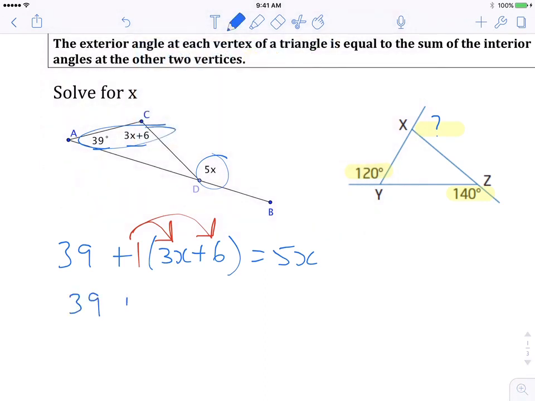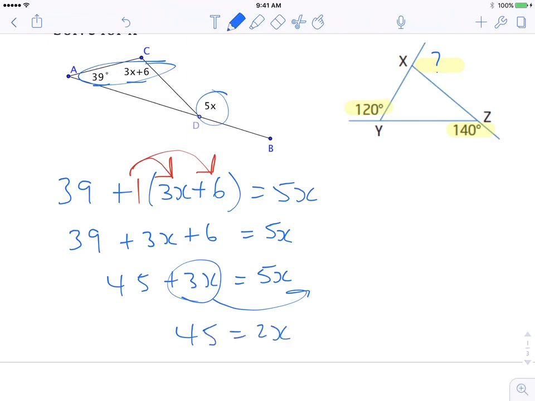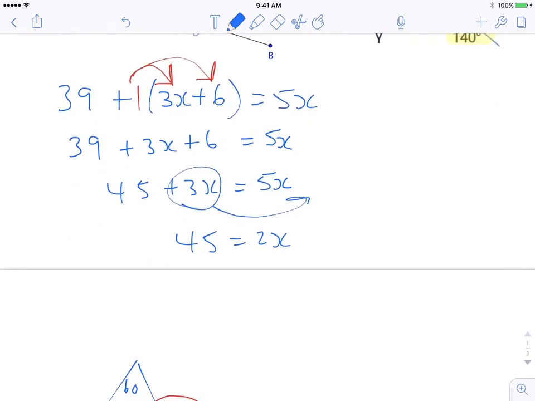Then 39 plus 6 is 45. 45 plus 3x equal 5x. If I subtract 3x from both sides, I get 45 equal 2x. And of course, x will equal 45 divided by 2, or x equal 22.5 degrees.